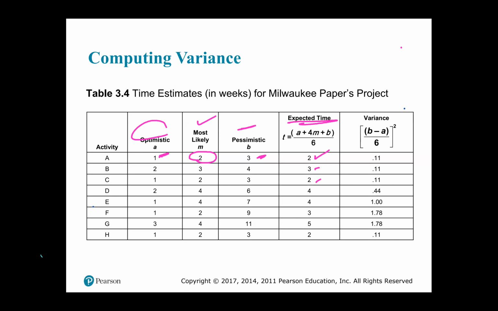So notice that not everything remains the same. You don't know which one will remain the same, so we expect that they will be calculated, right? And it is the expected time that you use as a display on the network.